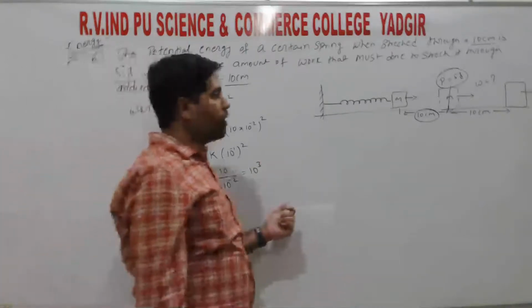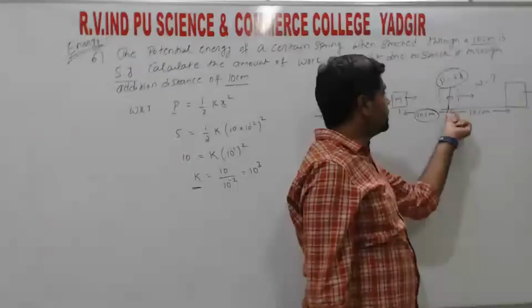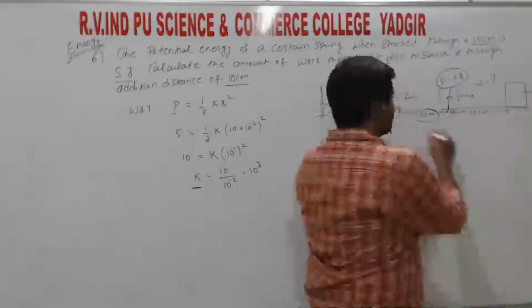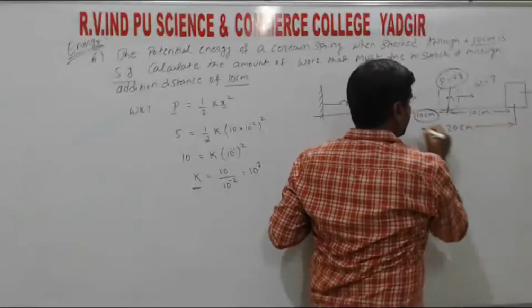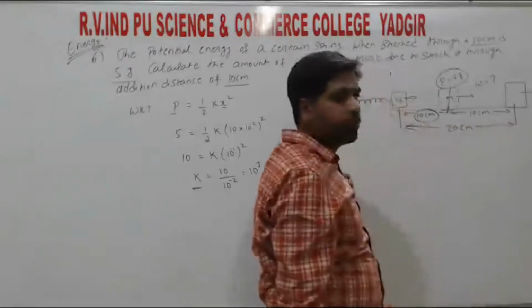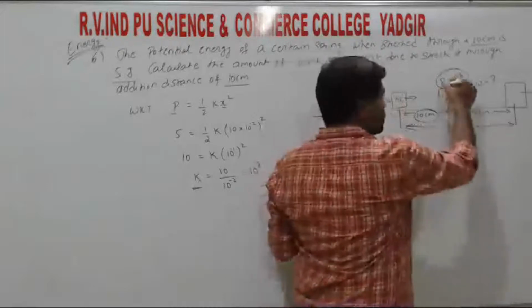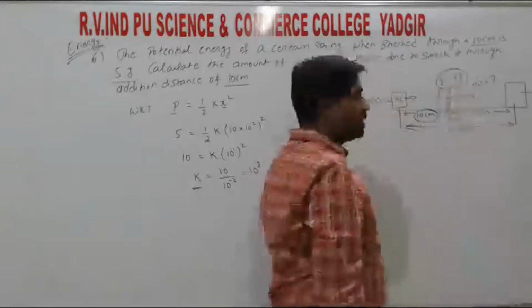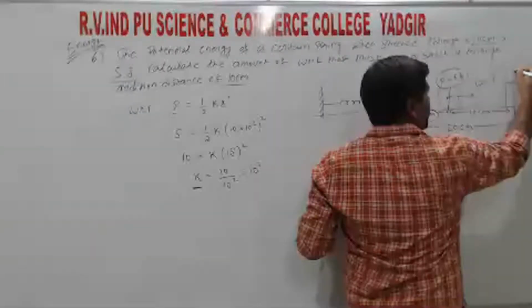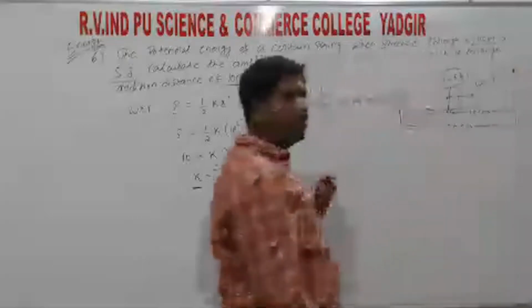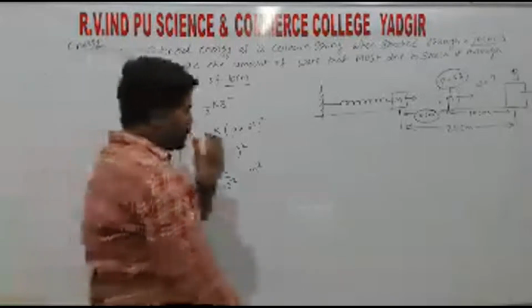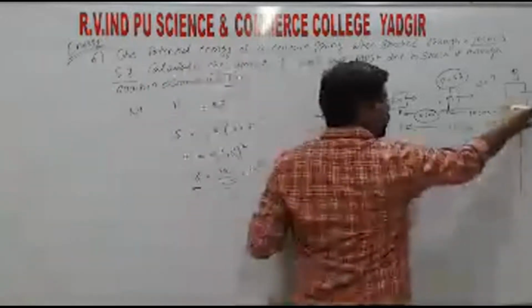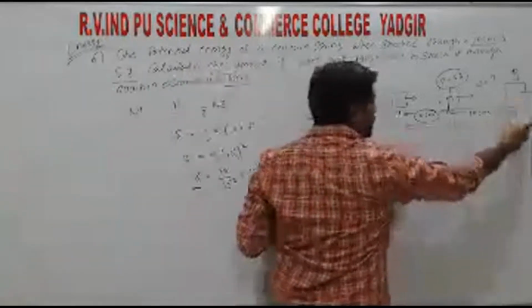Now, another 10 centimeter, that means the total is 10 plus 10, 20 centimeter, right? The potential energy given we take as the initial potential energy, and now we need to find the potential energy in the second case, the final.